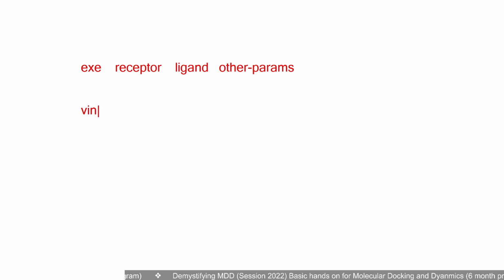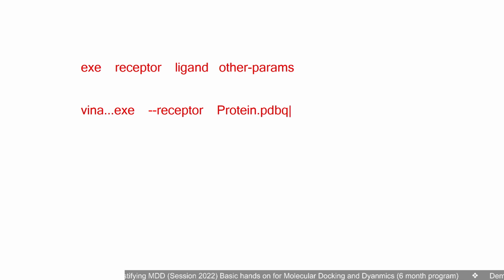Here we have Vina dot exe, which I will copy, and then to tell it that this is the receptor file, I will use dash dash receptor space my protein file name, and my protein file name is protein.pdbqt. PDB is common to all the PDB files, but Qt is new for you. I will tell you the logic why this Qt option is appended.